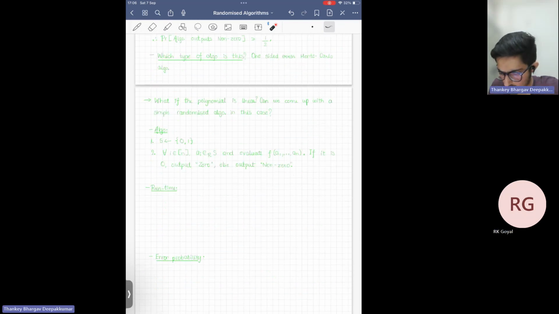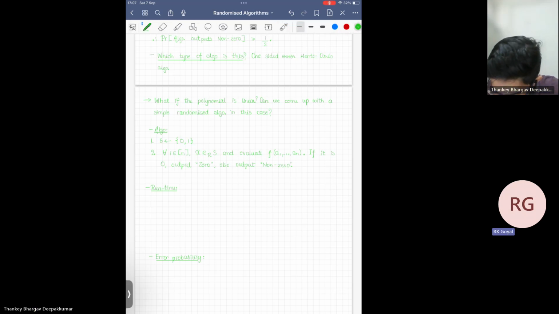Okay, so the ai's are not the coefficients. They are the values that I pick. Let me write it like this.